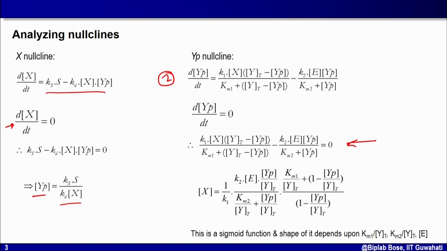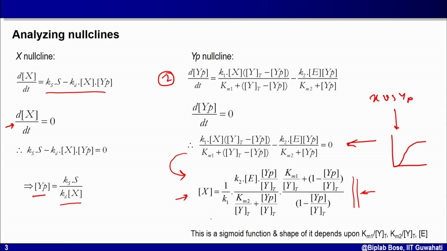We can rearrange in this fashion: x is equal to a rearranged term where yp is divided by yt and other terms are kept as they are. You can rearrange this algebraically. If you remember from that module, this x versus yp relation is actually sigmoidal.